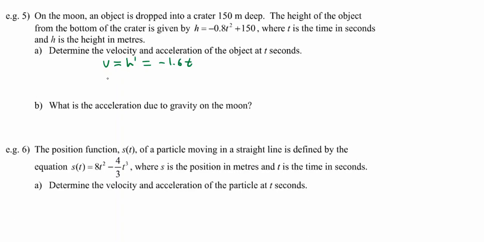And then the acceleration, which would really just be h double prime, which is also just v prime, the derivative of v, which is equal to negative 1.6. Just taking the derivative of that. So now what's the acceleration due to gravity on the moon? Well, we just figured it out. It's going to be 1.6 meters per second squared, and it would always be directed toward the moon.